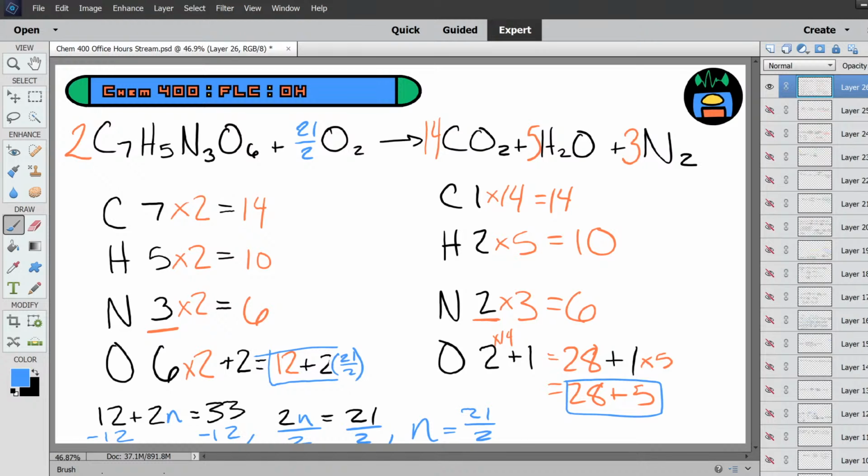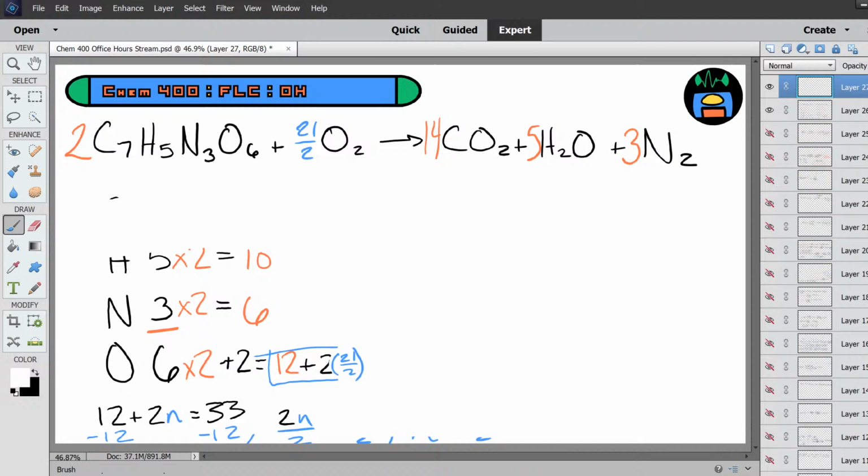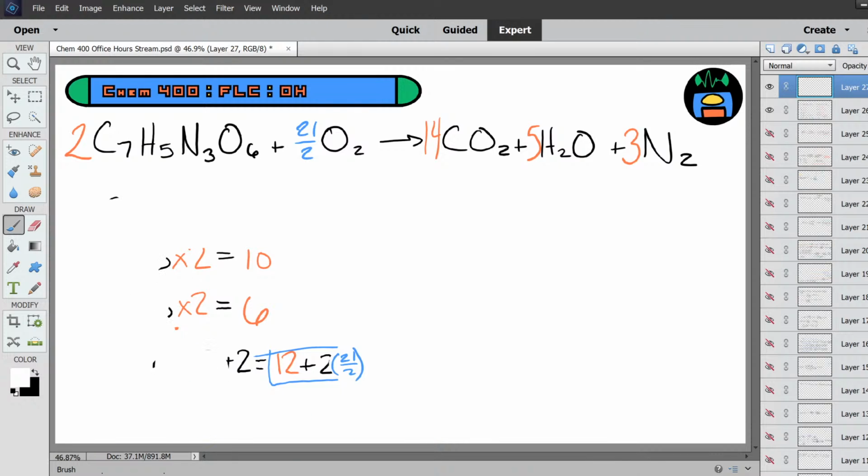Now, we know that we cannot leave a fraction in a balanced chemical equation, right? We've got to get rid of that denominator, because we can only have integers in a balanced chemical equation.